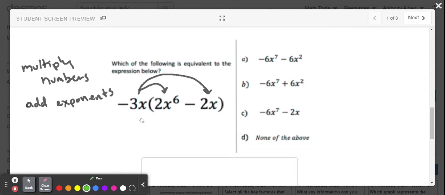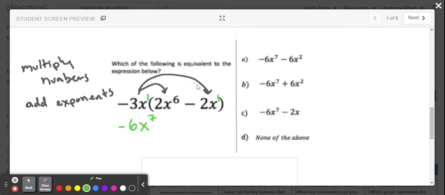So in this problem, we're going to multiply the numbers of this first one. -3 times +2 is -6. Remember, when there's not an exponent, it's an invisible 1. So there's an invisible 1 right here and an invisible 1 right here. And the rule over here says to add those exponents. So x to the first power times x to the 6th power is x to the 7th power.